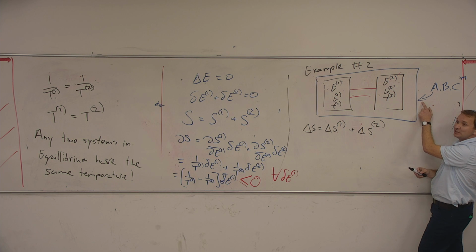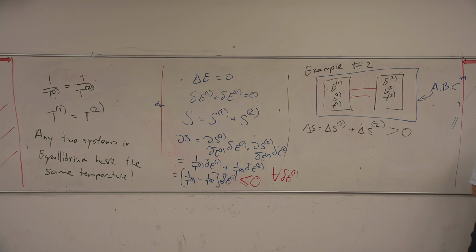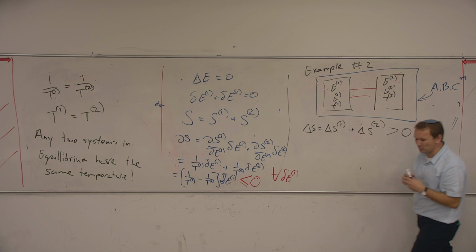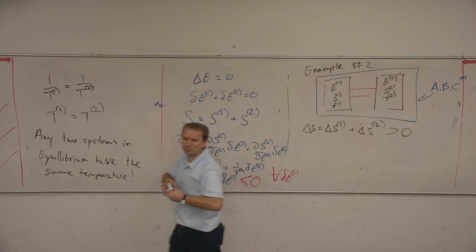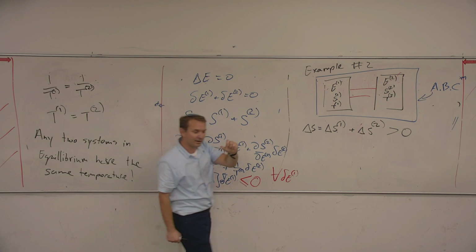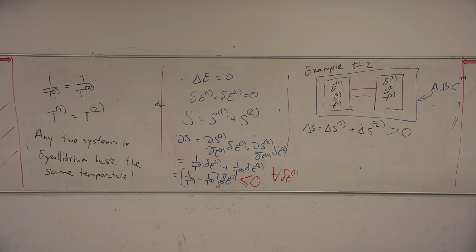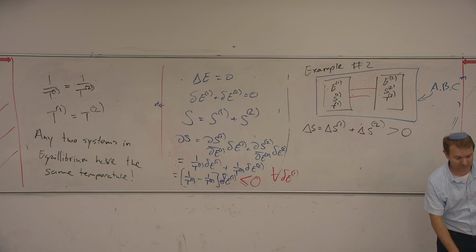And because I have these adiabatic boundary conditions, I know that this is greater than 0. It's a little bit confusing. Sometimes I say delta S is smaller than 0, and sometimes delta S is greater than 0. It all depends on whether we're looking at an equilibrium state or reaching an equilibrium state. Two different perspectives.